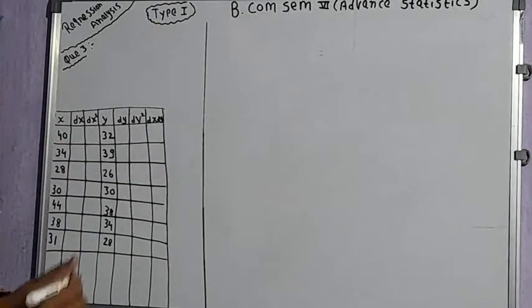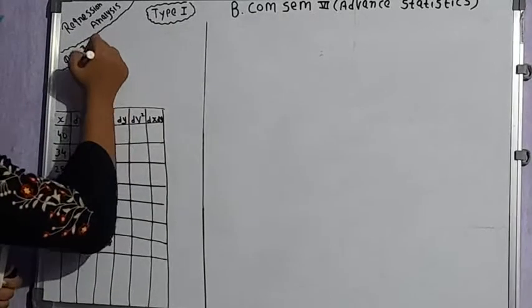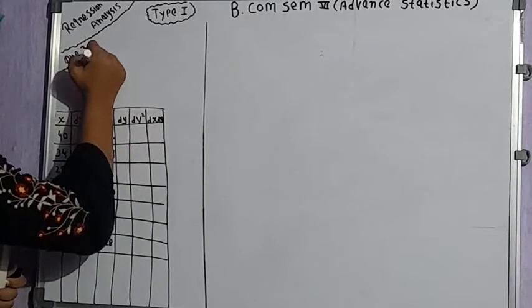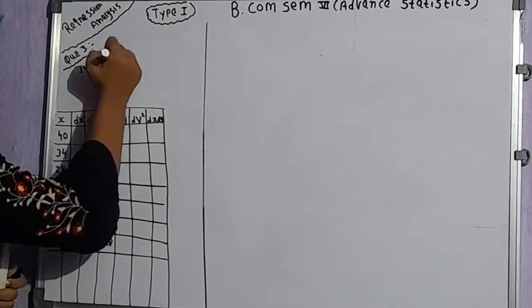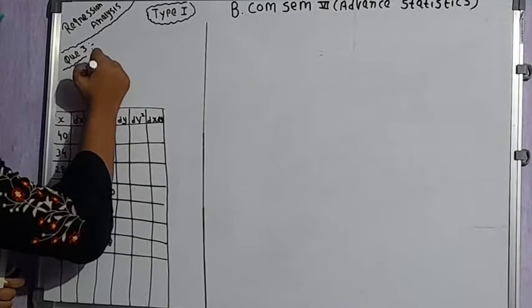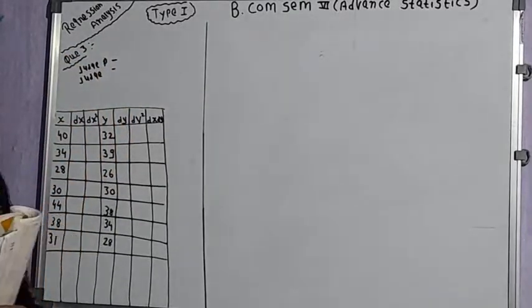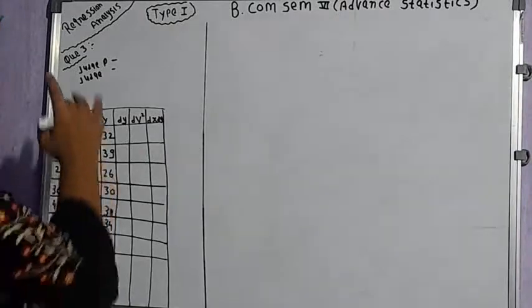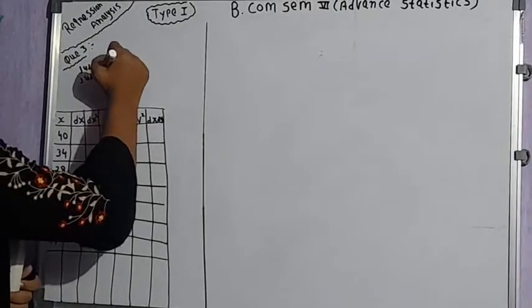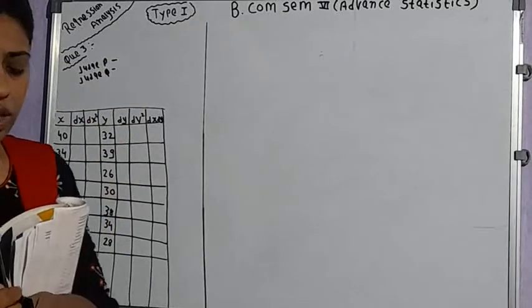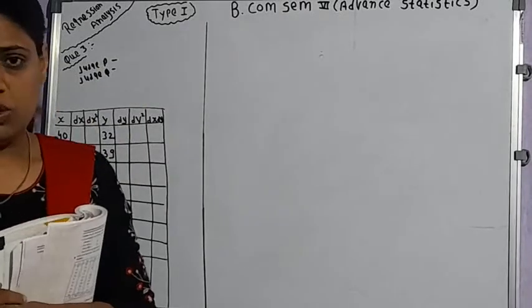So there are 2 judges who are awarding grades, Judge P and Judge Q, who are giving grades to the different debaters. So this is the situation.